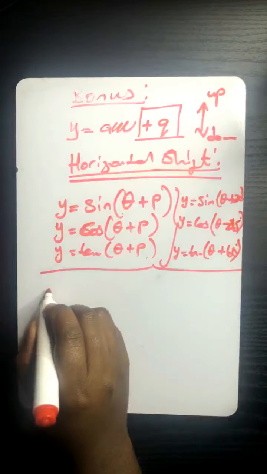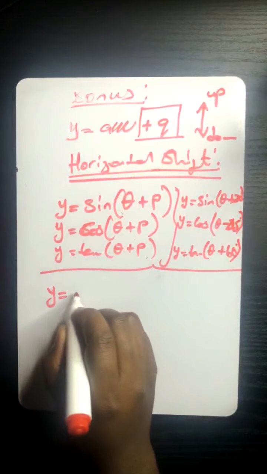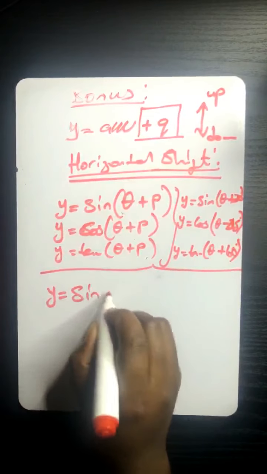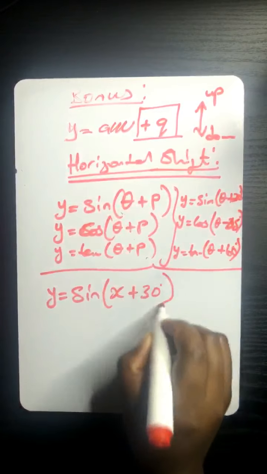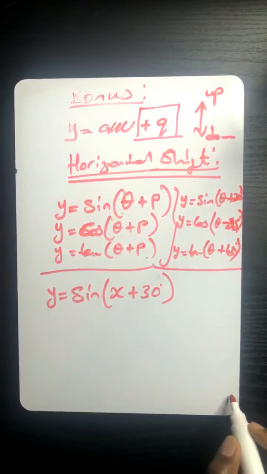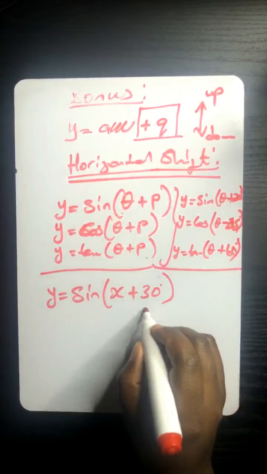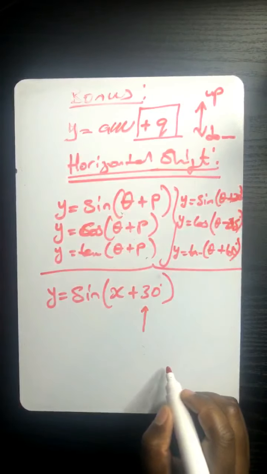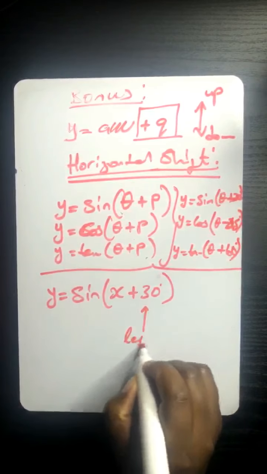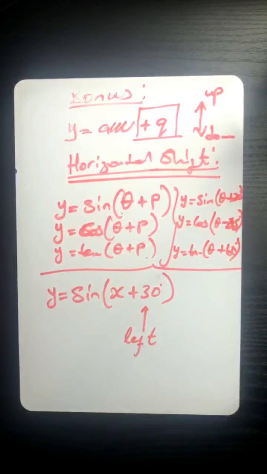Let's now explain this one, which says y equals to sine of x. The moment they say x plus 30, it simply means your function has been shifted by 30 units to the left.